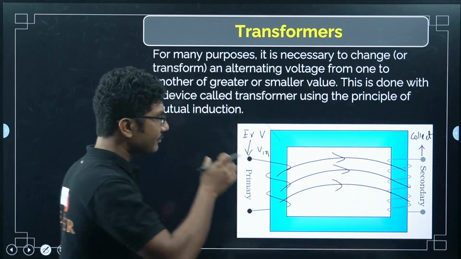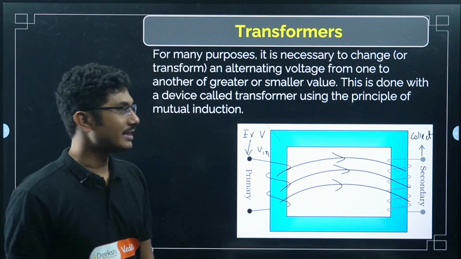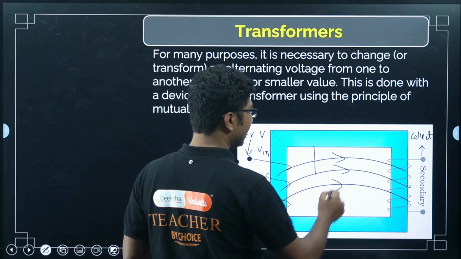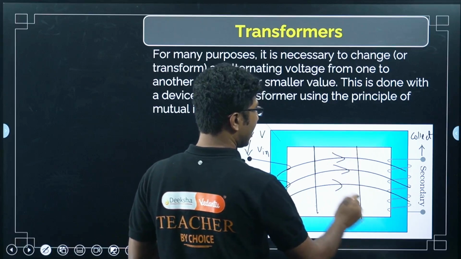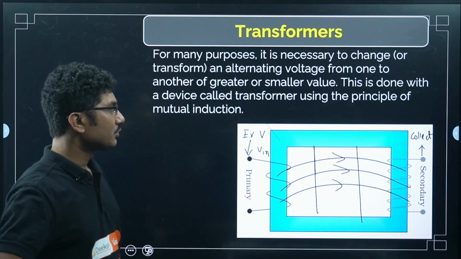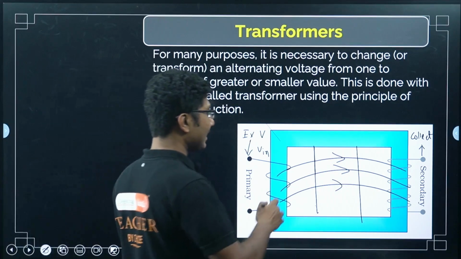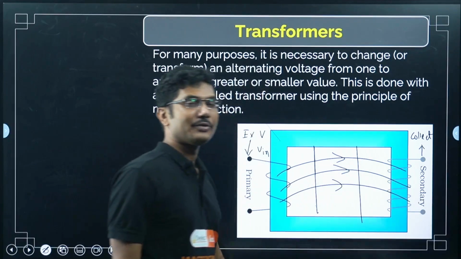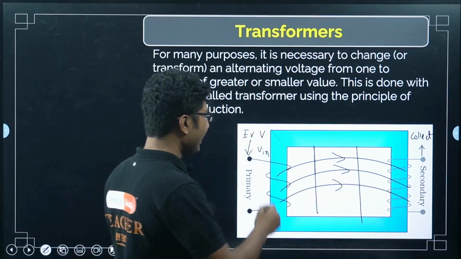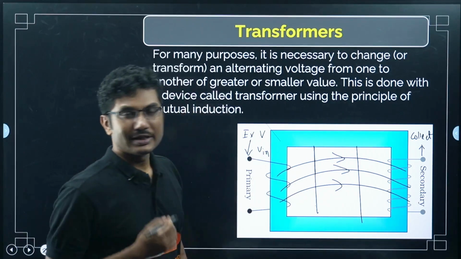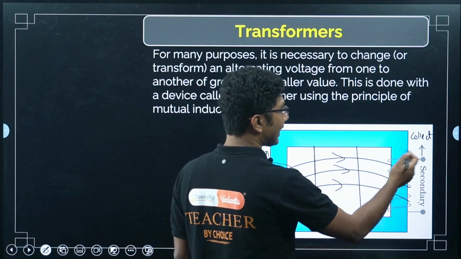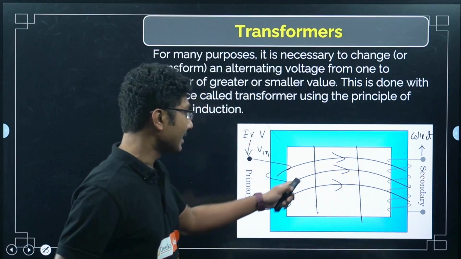Even though I am showing the distance very large, actually it is not that large, and the frame is a little bit bigger. They have only a small gap, so that most field lines exiting the primary interact with the secondary coil. Now when this input voltage is changing, the flux linked with the secondary coil is also changing, right? The magnetic field is changing.